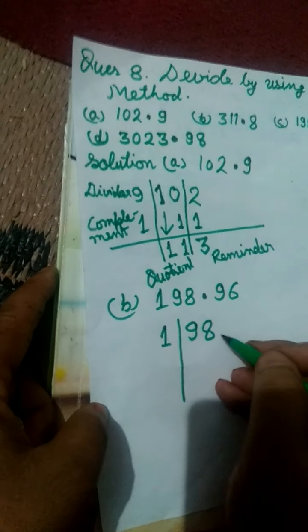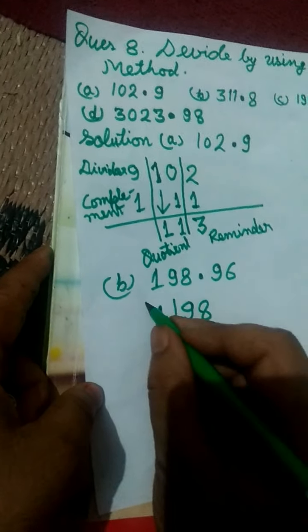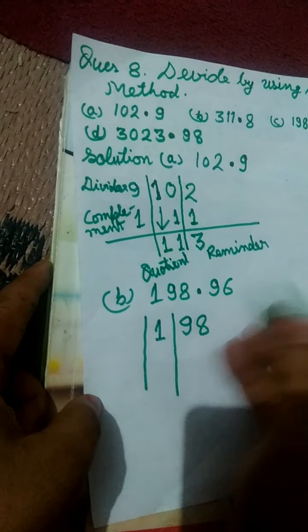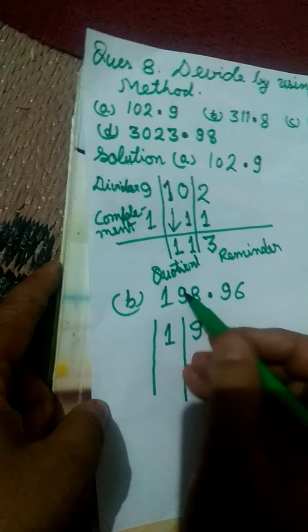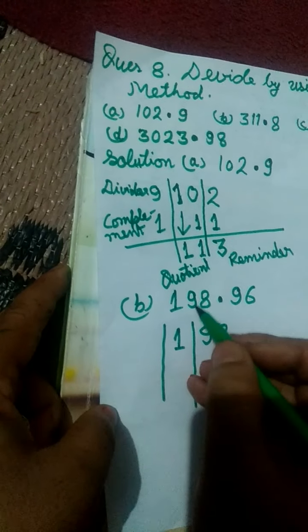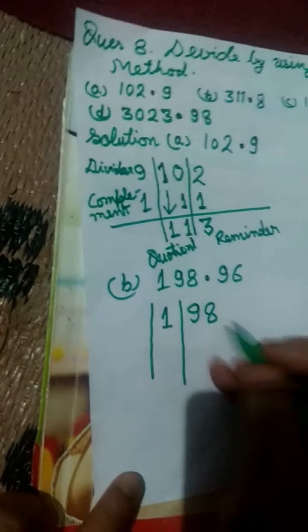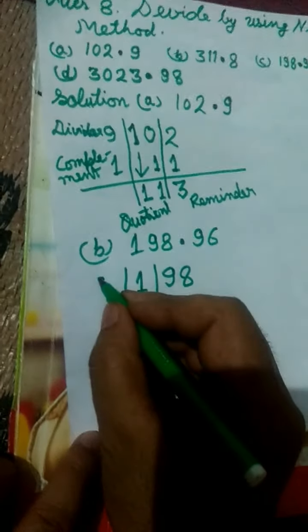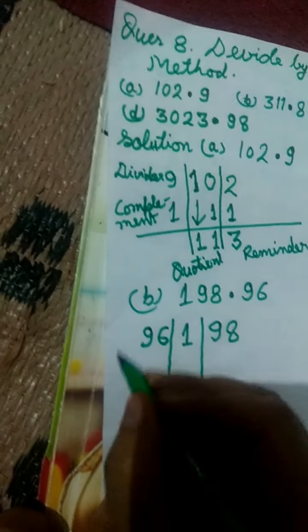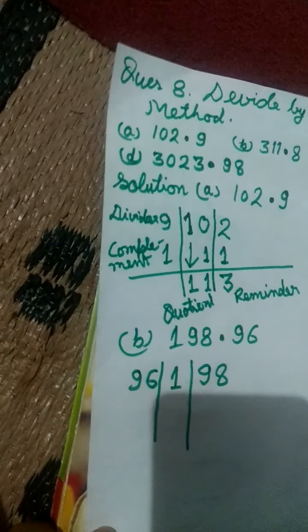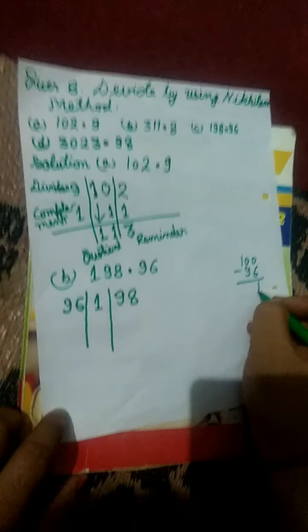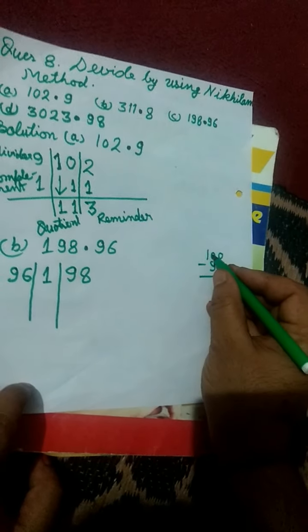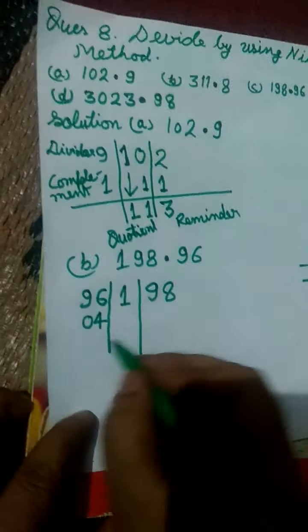The second part will be a 2-digit number and the first part will be the remaining digits. 96 is the divider, and the complement is 100 minus 96: 10 minus 6 is equal to 4, 9 minus 9 equal to 0. So the complement is 04.